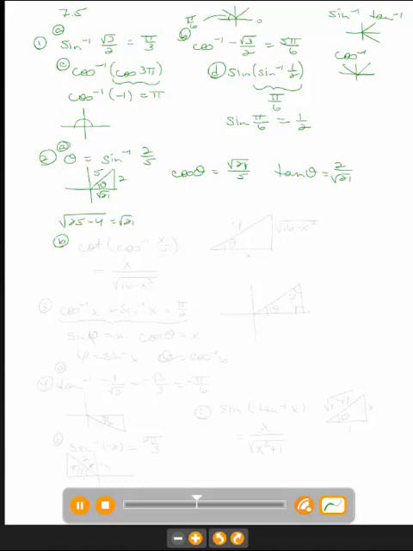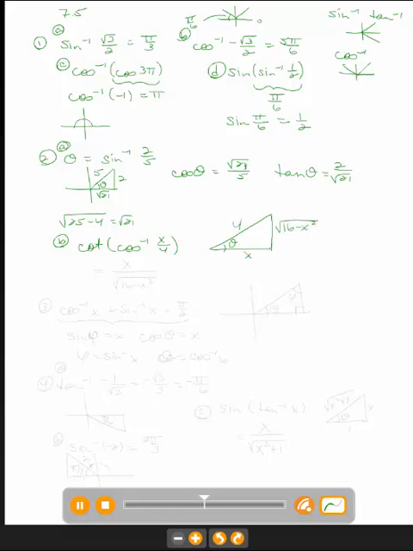Part B wants us to find an alternative form for the cotangent of the arc cosine of x over 4 in terms of x. And so we're going to draw the triangle. Arc cosine, if this is my angle, cosine is adjacent over hypotenuse, so this would be the x and this would be the 4.